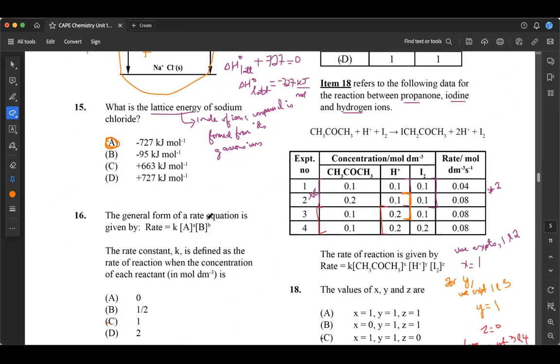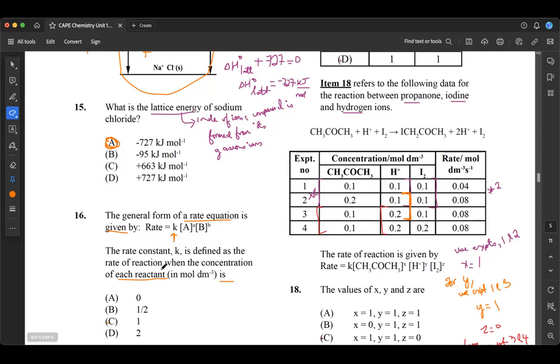16 says that the general form of a rate equation is given by rate is equal to the rate constant k times the concentration of A raised to little a, times the concentration of B raised to little b. The question is asking: the rate constant k is defined as the rate of reaction when the concentration of each reactant in mole per dm cubed is what?